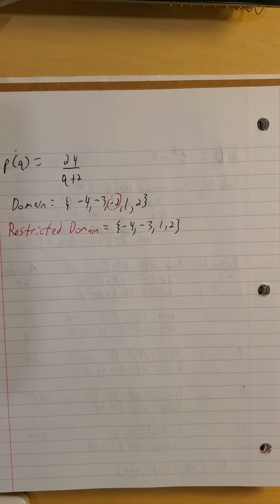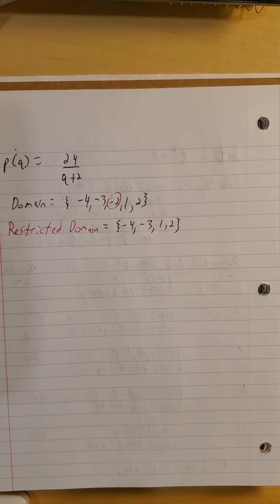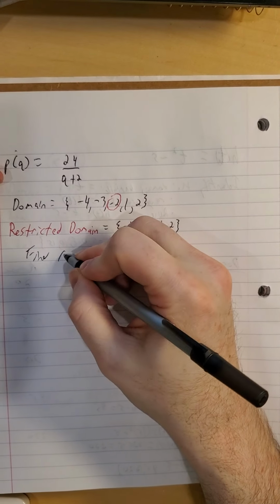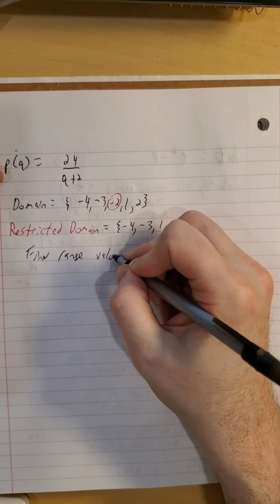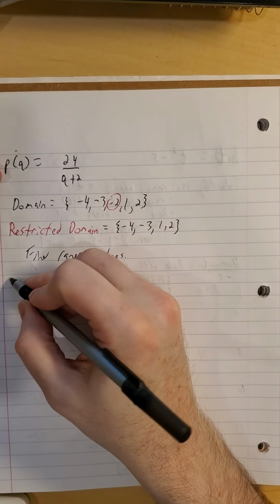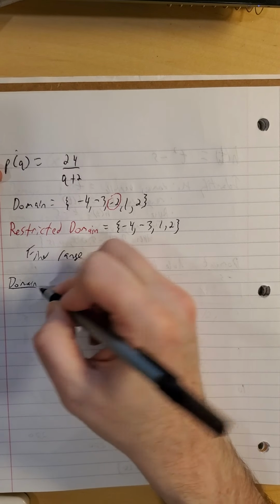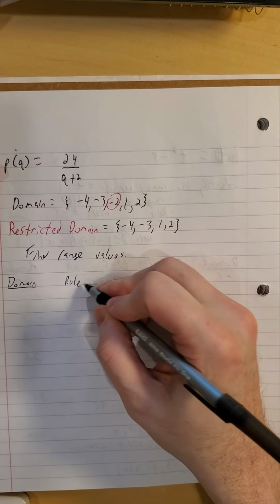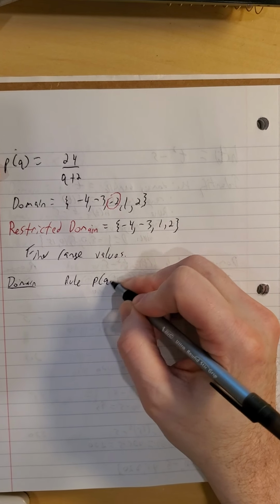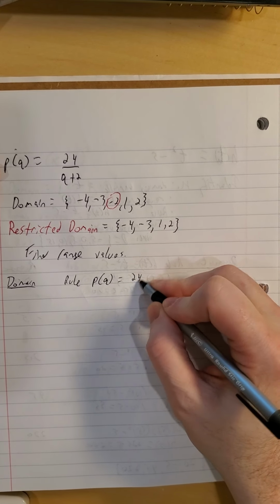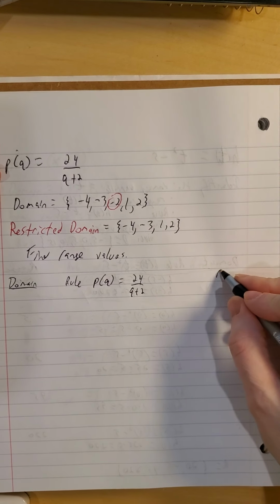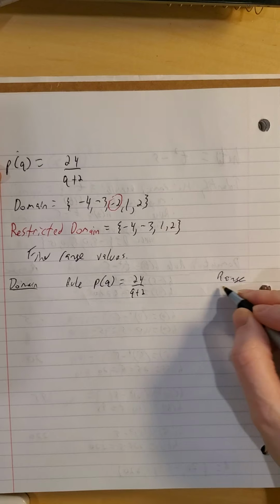So I'm going to ask you to pause it and see if you can find the range values. Welcome back. So we have our domain, our rule. P of Q is 24 divided by the quantity Q plus 2, and that will spit out a range value.